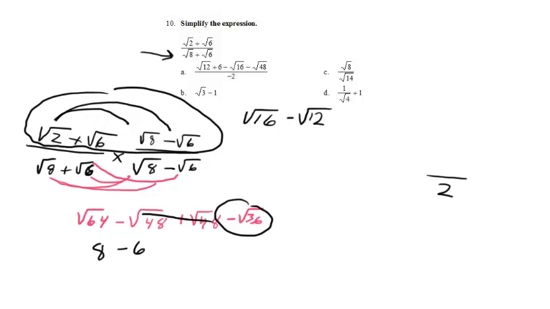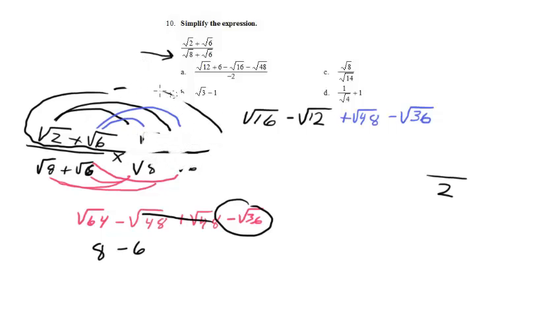Then I have, change colors here, square root of 6 times square root of 8 is plus square root of 48. And my last term, square root of 6 times square root of negative 6 is minus square root of 36. Okay, so far, so I'm going to erase some of this. I need some room to work. You can go back and look at it on the recording.